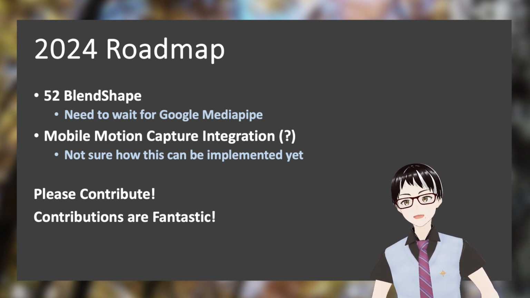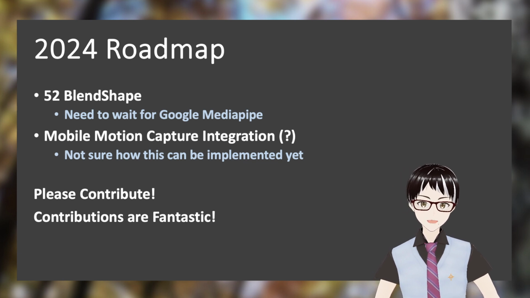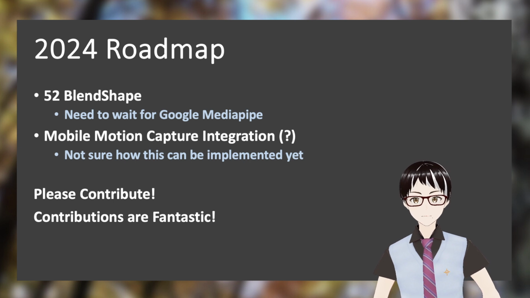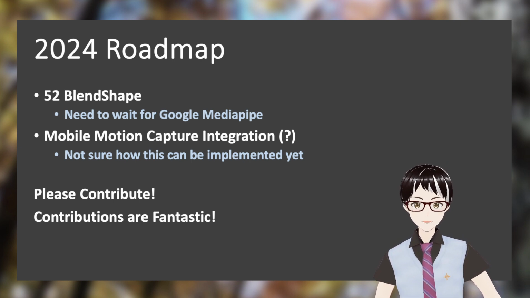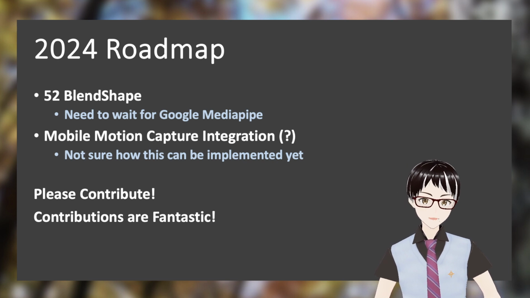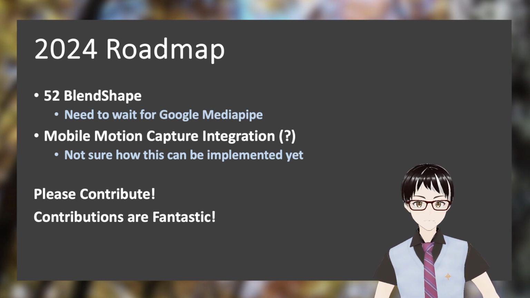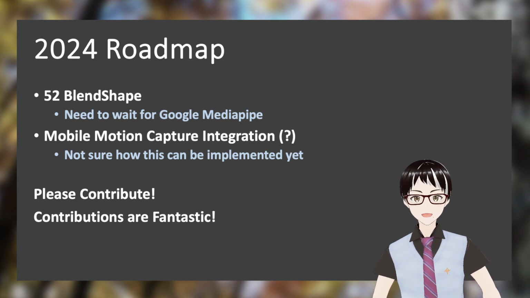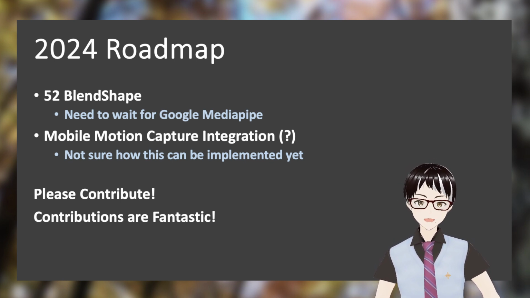And the second one is still a question mark. I'm not exactly sure how we're going to do it: using a mobile phone to capture the motion of the face, and then using this motion to control the 3D models in the OpenLive3D app.